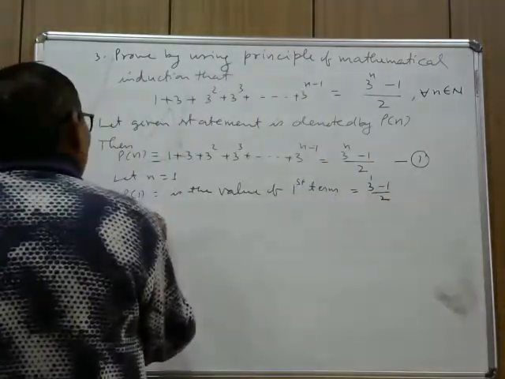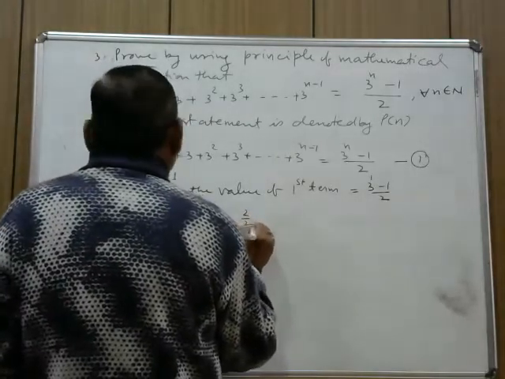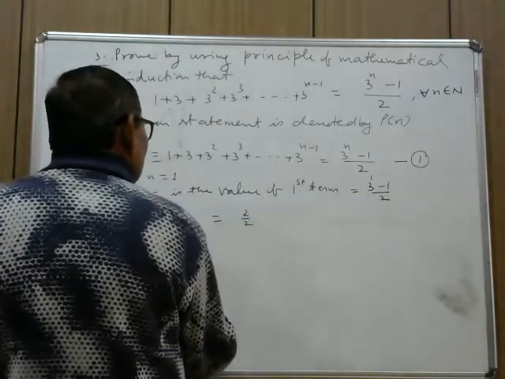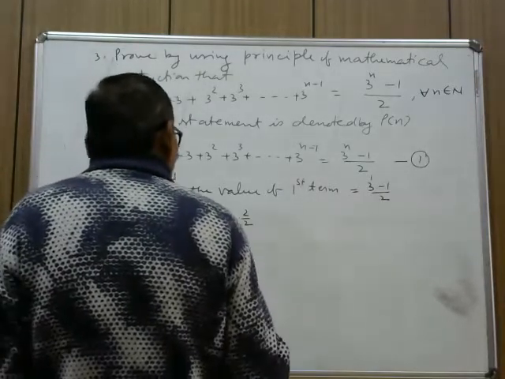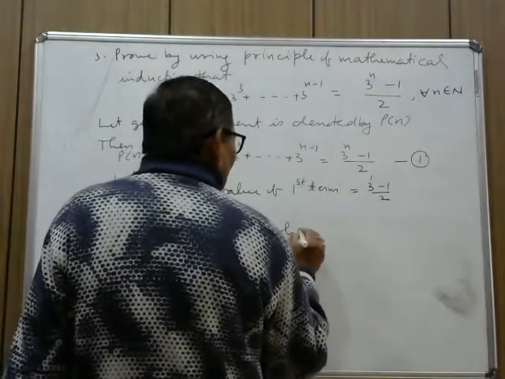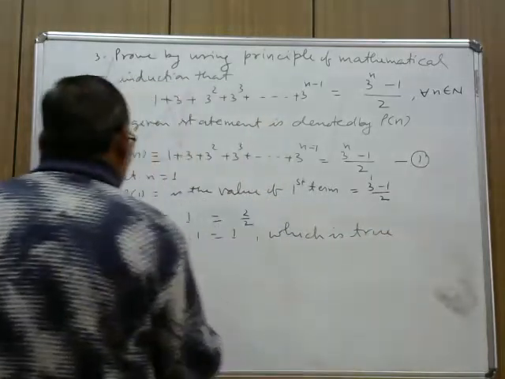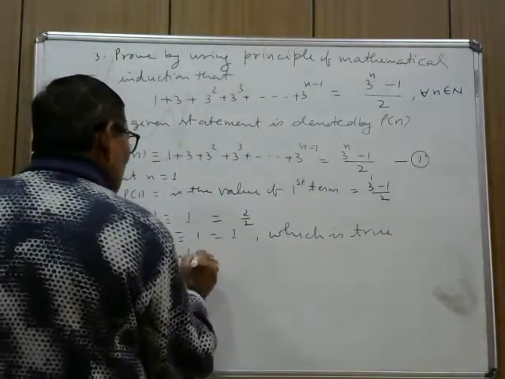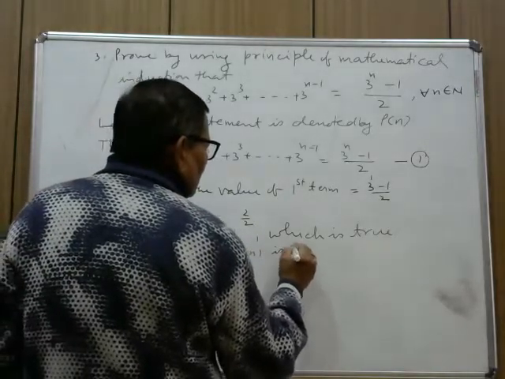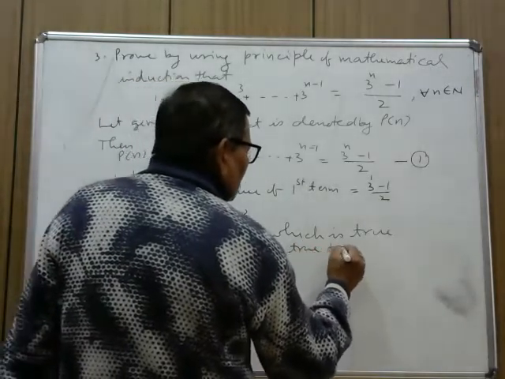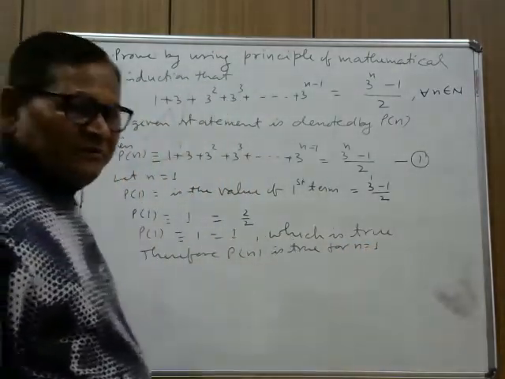So your P1 is equal to 1 equal to 2 by 2. So P1 implies that 1 equals 1, which is true. Therefore, Pn is true for n equals 1. This is called the basic step.